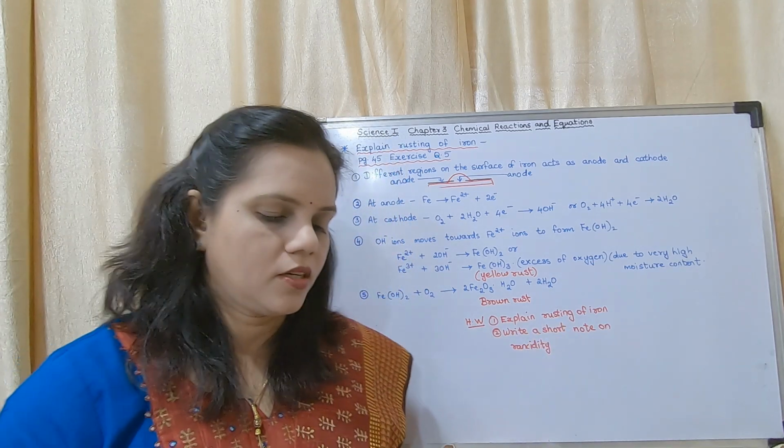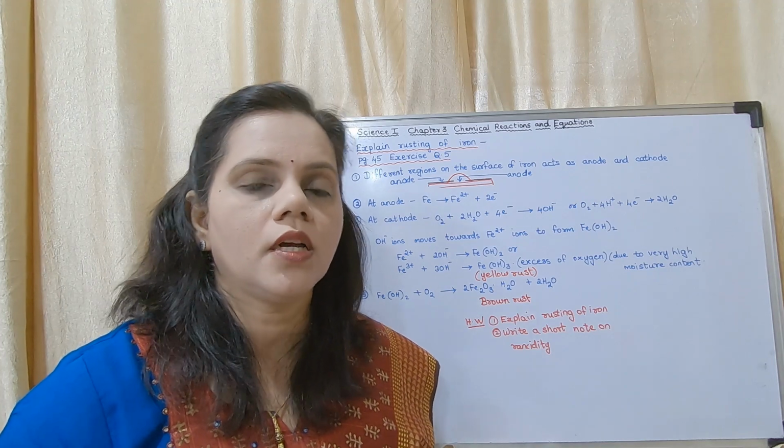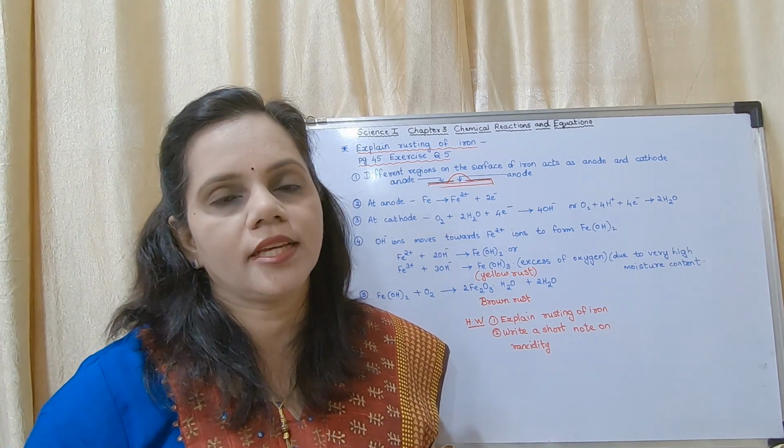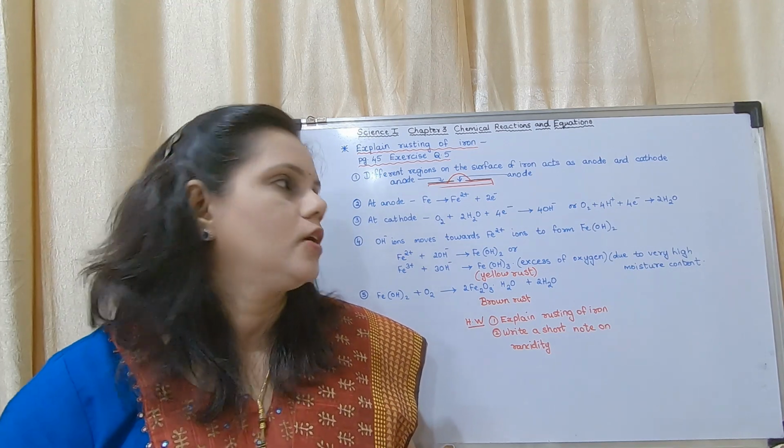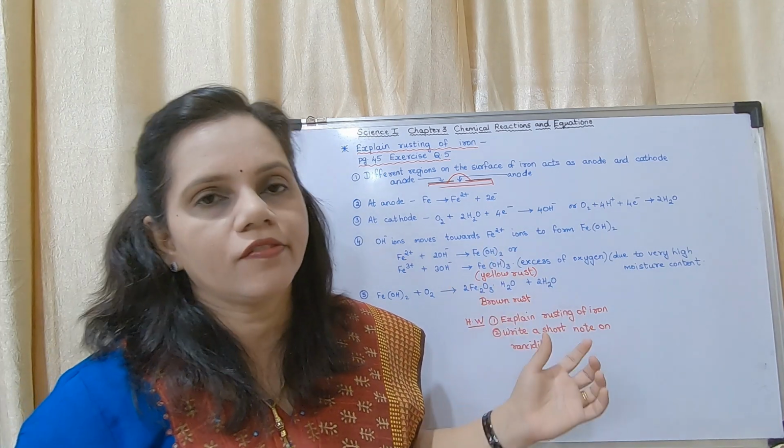This is the homework. Hope you are doing the homework. You have to write it in your notebooks. I will be checking it when your classes reopen. So this is the end of the chapter.